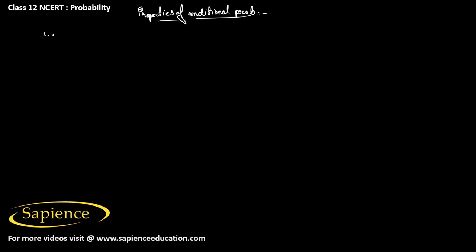So the first property is the probability of the sample space given any event F, that is equal to the probability of F given F, that is equal to 1.